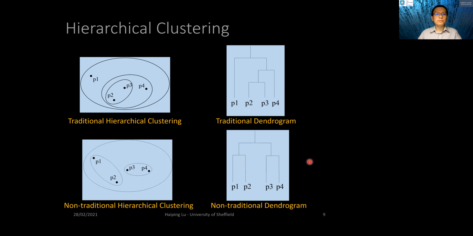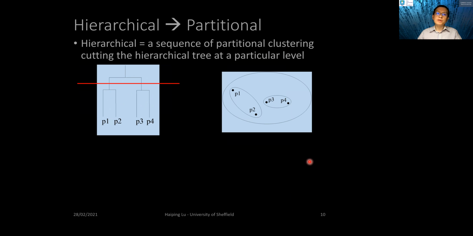So there's a relationship between hierarchical and partitional clustering. We can view hierarchical clustering as a sequence of partitional clusterings, cutting the hierarchical tree at a particular level.